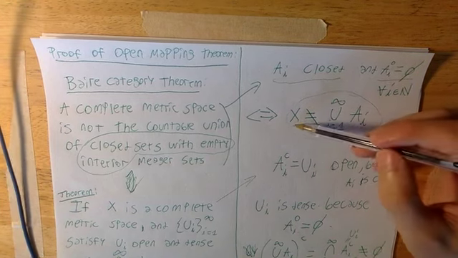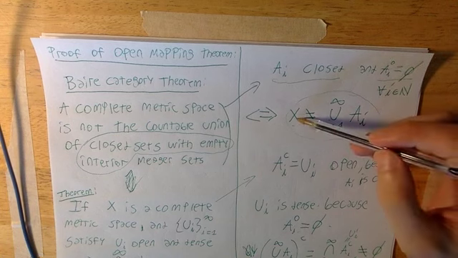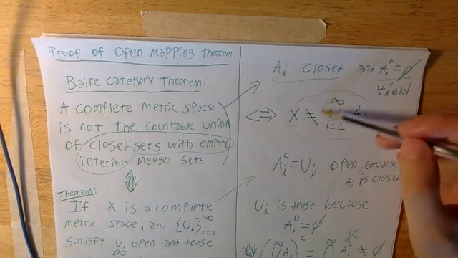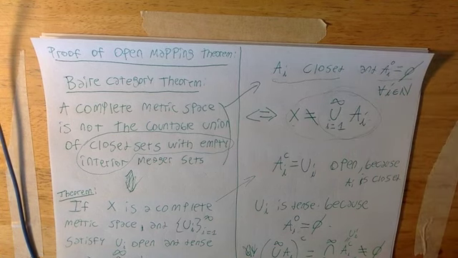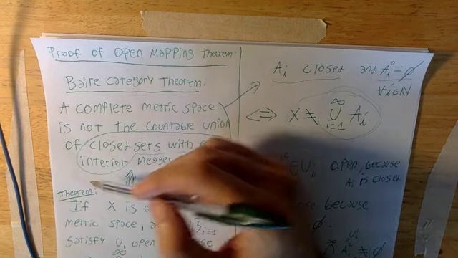Okay, and so X is equal to the union of AI if and only if the complement of this union is the empty set. But in this case, this cannot be, just because of the Baire category theorem.